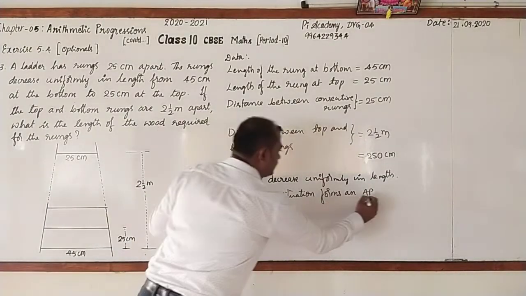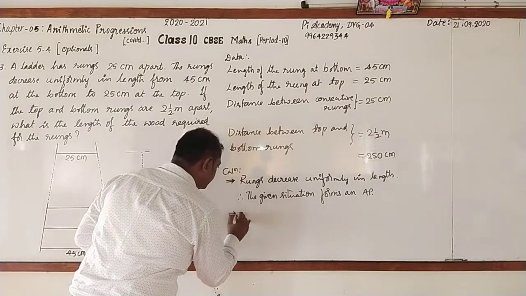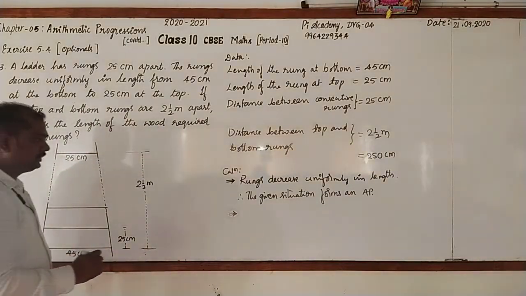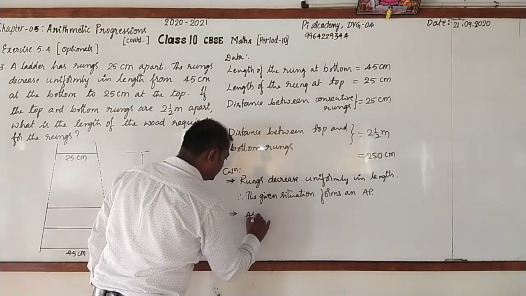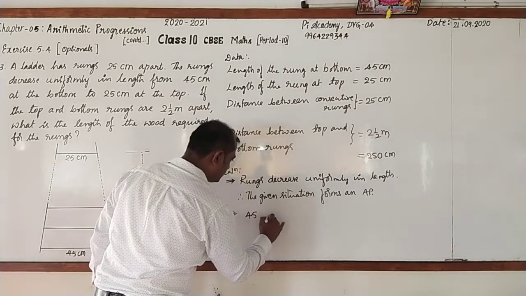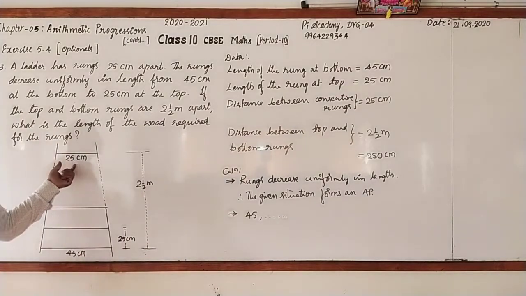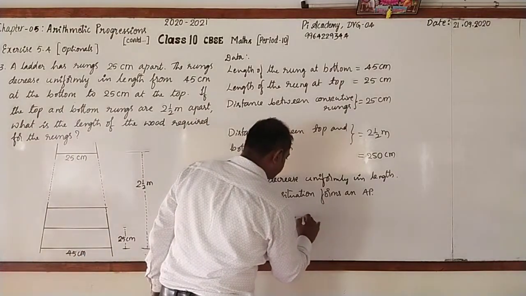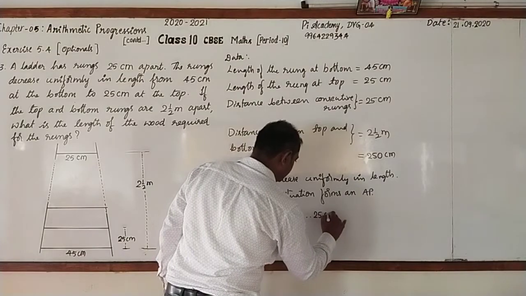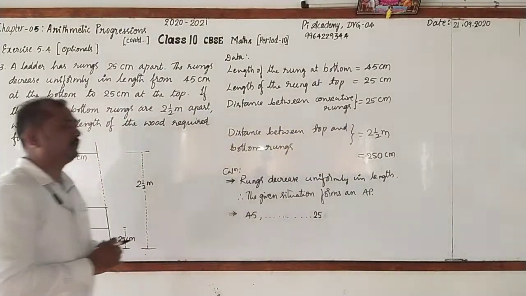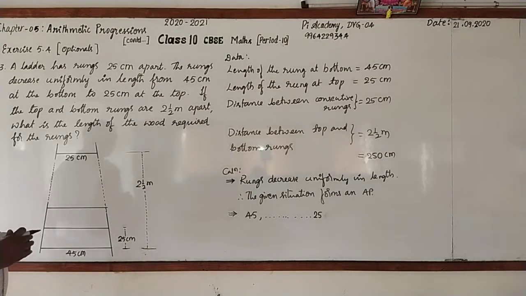Okay. Next, let us write that AP. What is that AP? The rung which is at the bottom, it is 45 centimeter. Next, it will go on decreasing. At last, there is a rung, its length is 25 centimeter. Followed? Next, using this, now we have to write the terms.